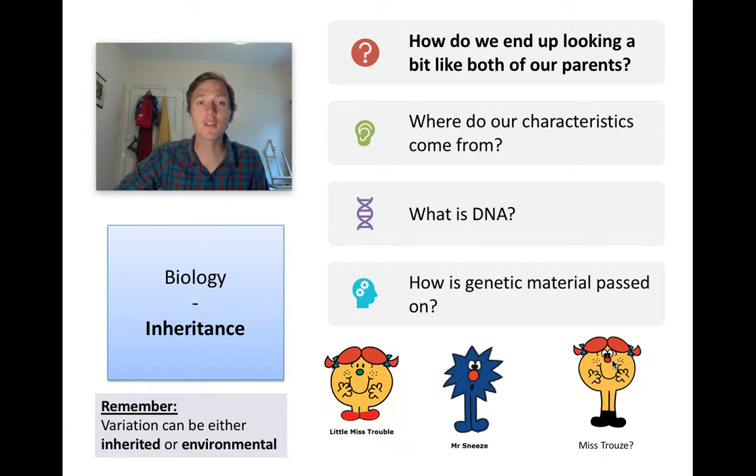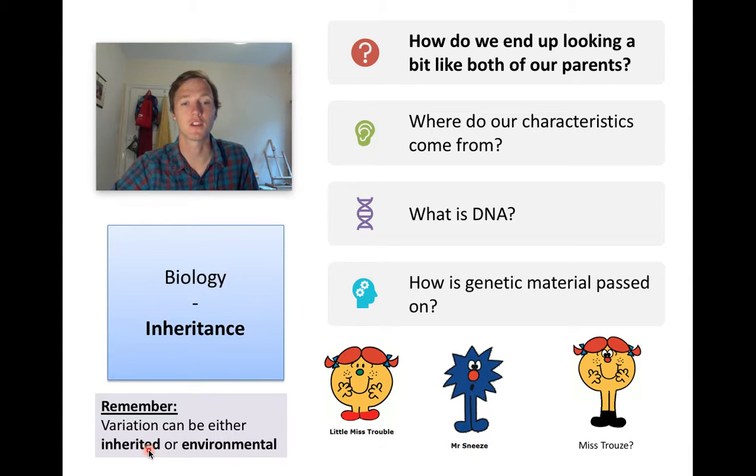Remember that certain things might be environmental. So maybe the fact that we've got red shoes, no shoes, and little black boots, that is environmental, as well as the idea of whether or not we wear bows in our hair, that is environmental variation.